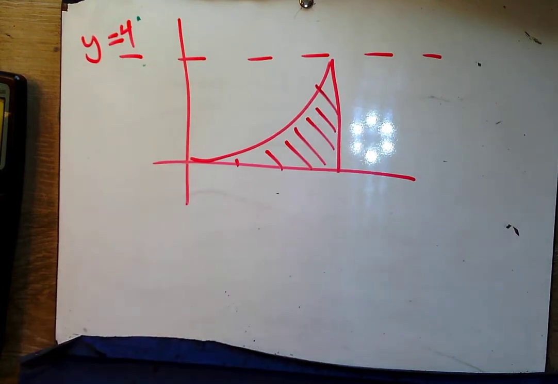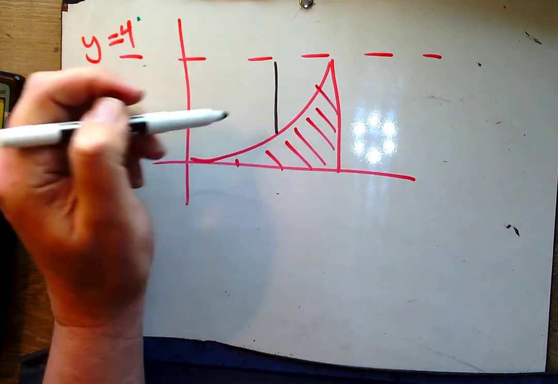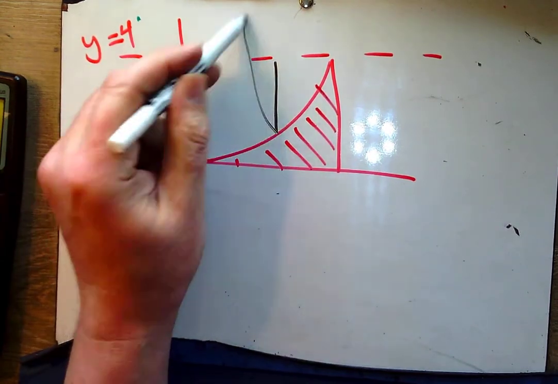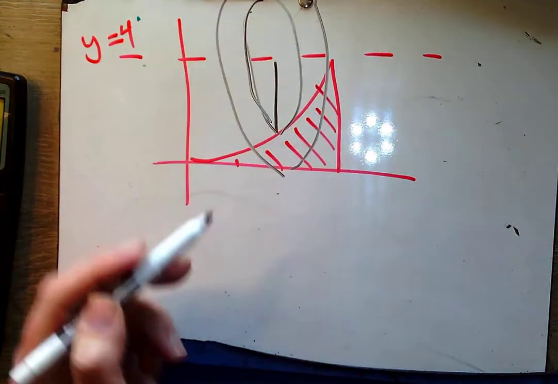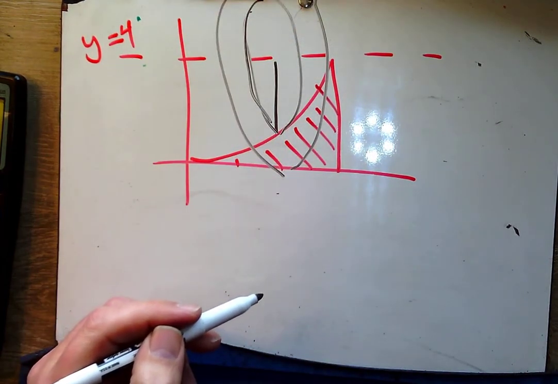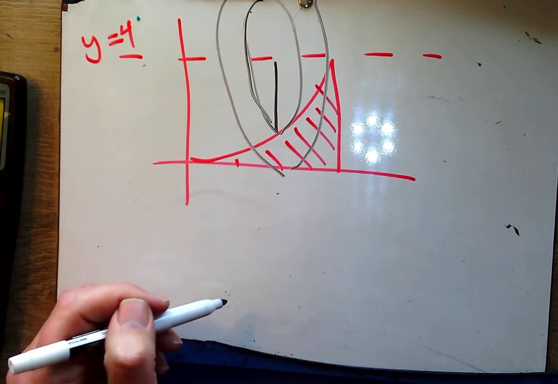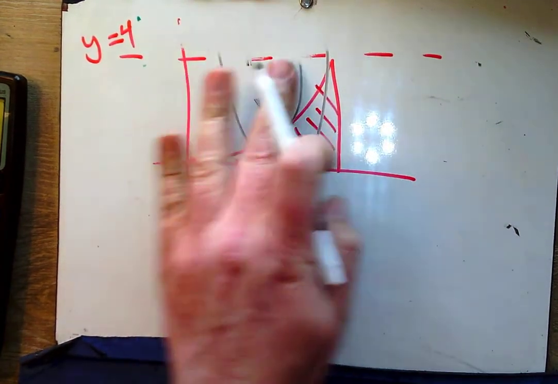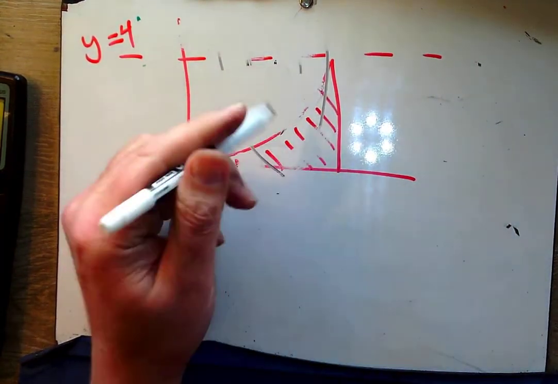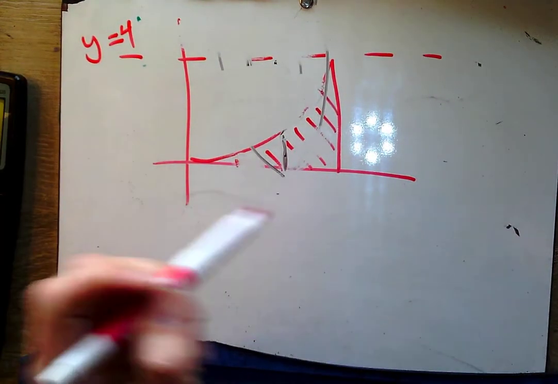All right, well, I always draw something perpendicular to the axis of rotation if I'm looking for a washer. Perpendicular to the axis of rotation, I draw, let's do it that way. Draw this in. That's the best.